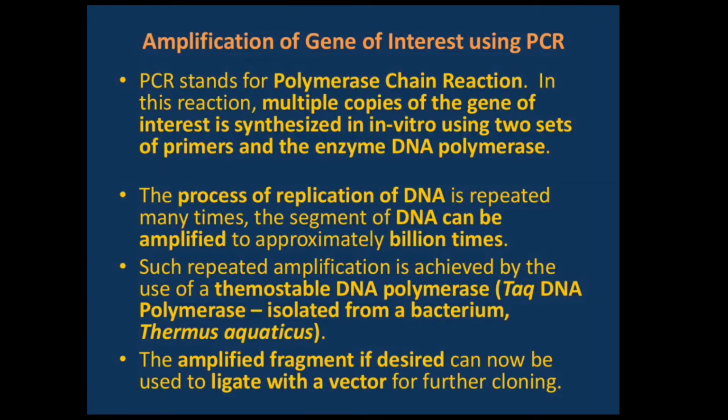If this process is repeated many times, the segment of DNA can be amplified approximately a billion times, that is 1 billion copies are made. The amplified fragments, if desired, can now be used to ligate with a vector for further cloning.